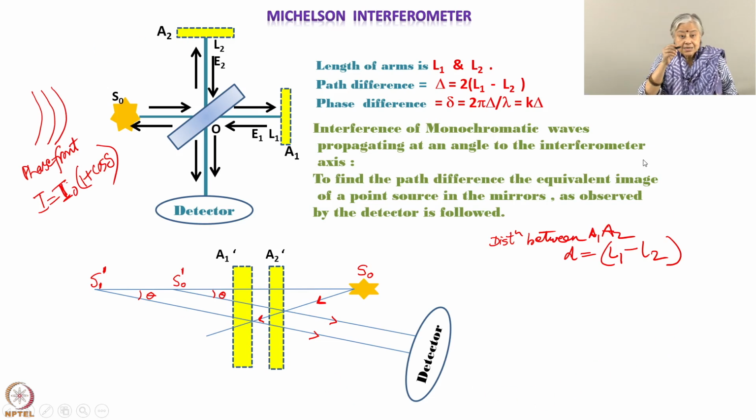But then it is making twice the transit. So, the distance between these two images S1 dash and S0 dash will be 2D. Okay.